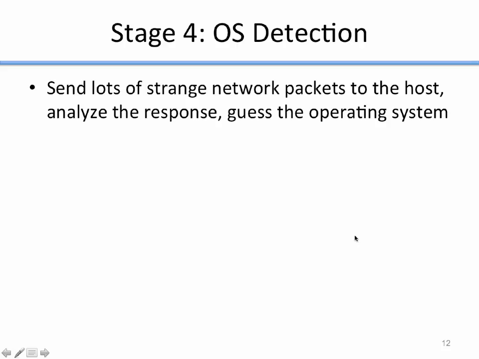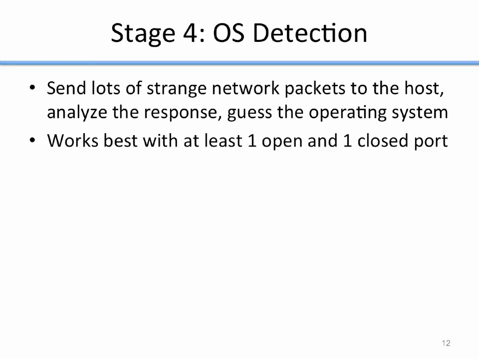So stage 4, after version detection, would be operating system detection. And in operating system detection, basically, Nmap sends a lot of strange network packets to the host, analyzes the response, and uses that analysis to try and guess the operating system. It's really a fascinating approach that they take, but it's fairly inaccurate, but it does give you some good ideas of what might be there.